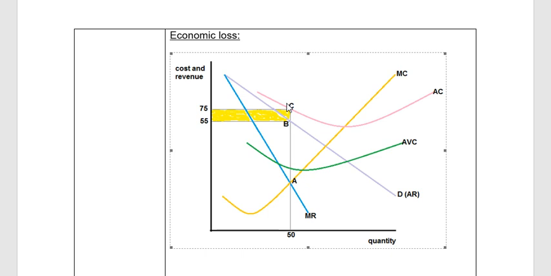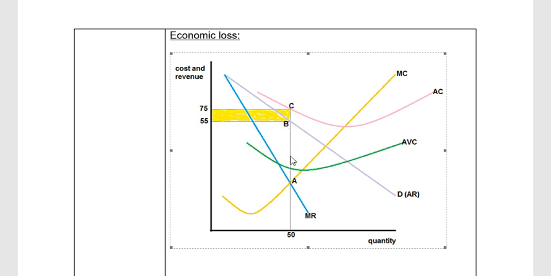Now, remember your shutdown rule. Hopefully, you know it by now. Any firm will shut down if the price or the average revenue is less than the average variable cost. In this case, there's my profit maximization point. My price is 55 Rand. My average revenue, 55 Rand.